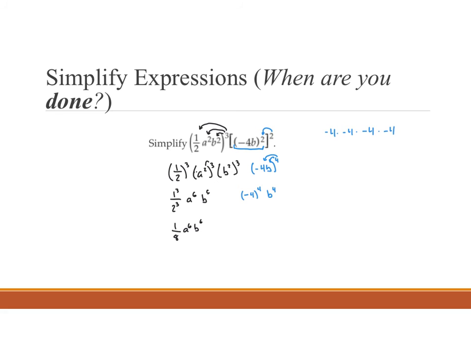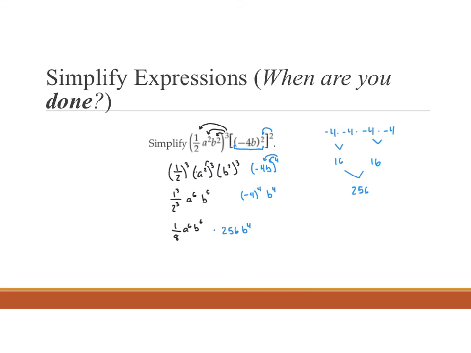The negative sign is inside the parentheses, so don't forget it. That means we have 16, 16, and then 16 times 16 is 256. So times 256, b to the 4th.